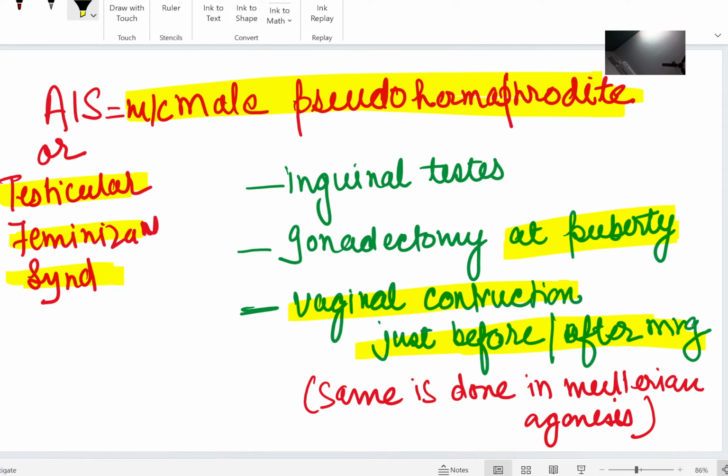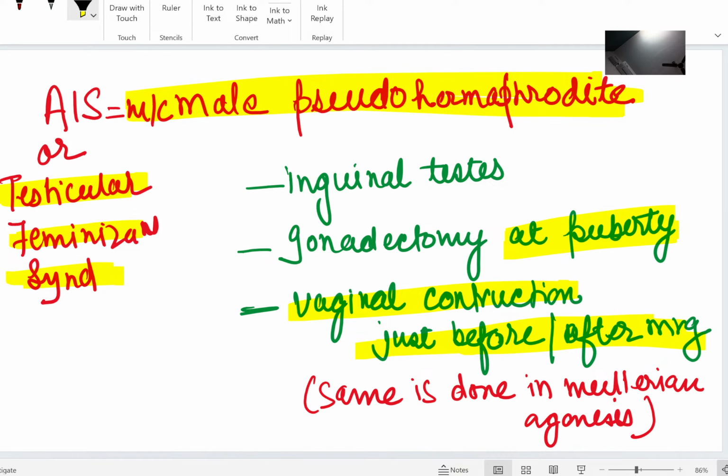Why do we do gonadectomy in AIS? Because these gonads, these testes, can become cancerous. Okay, and why are we not doing it in childhood? Because if we do it in childhood, then the patient of AIS will not have breasts. Right?